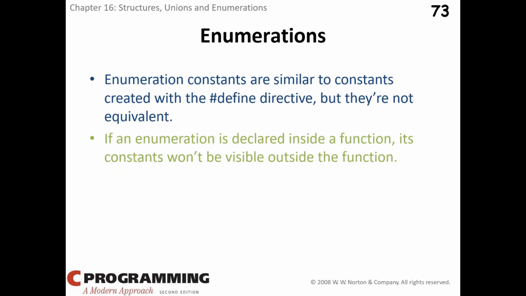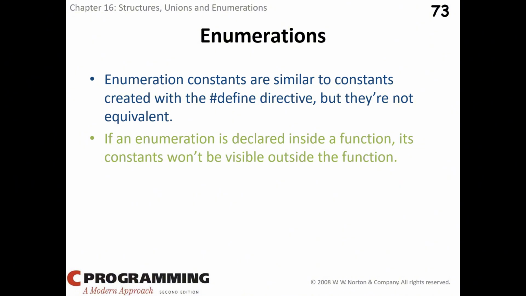And enumeration constants, although resembling constants created with the define directive, also have a distinct characteristic. So when an enumeration is declared inside a function, its constants are scoped within that function and are not visible outside of it.